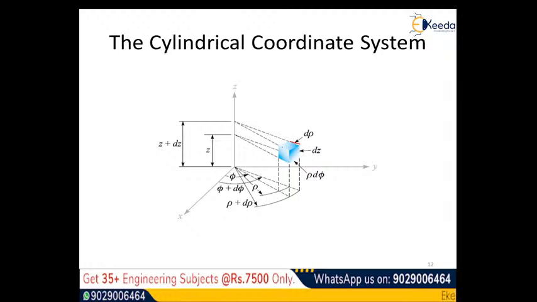The edges along the progression of the radial value are represented by d rho. Those edges which are vertical in orientation, parallel to the z-axis, are represented by dz, and those edges progressing with the increasing value of the angle phi have to be represented by rho d phi, because if the radius increases, the length will also increase. For an edge as a part of a smaller cylinder, the length will be small as the radius is small.